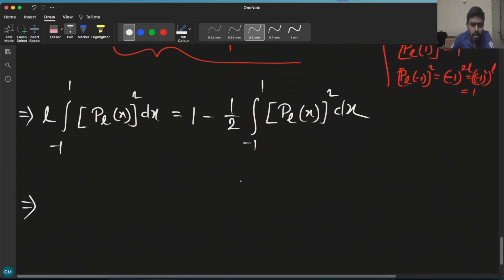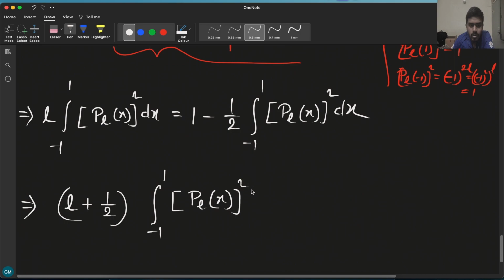If I take this term to the left hand side, what we will get is L plus half. I can take the integration common, and we are left with L plus half times the integral of P_l(x) whole square, because this term is common in both terms, equals 1.